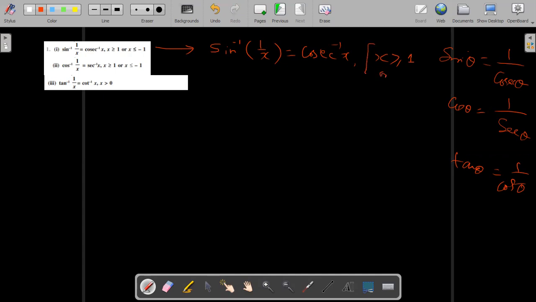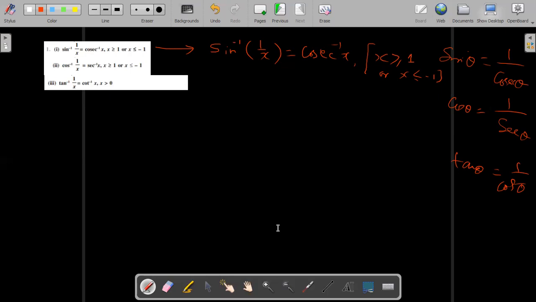Generally in our course this condition is always followed. So sine inverse 1 by x can be written as cosec inverse x.